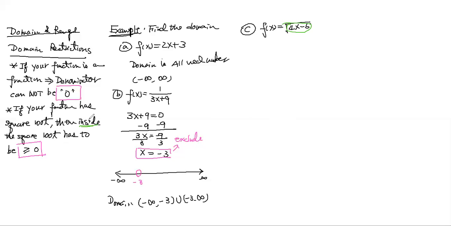Everything inside the square root has to be greater than or equal to 0. So you need 4x minus 6 greater than or equal to 0. Then you plus 6 on both sides, so you have 4x greater than or equal to 6. Divide by 4 on both sides, so x is greater than or equal to 6 over 4. And 6 over 4 is 3 halves.